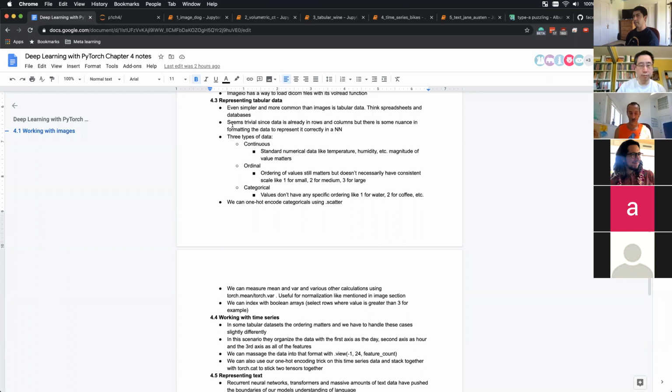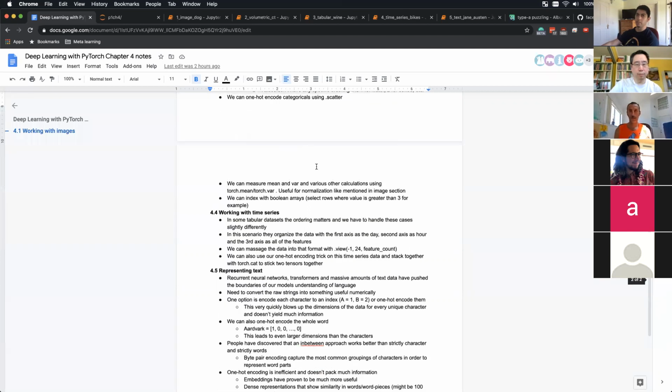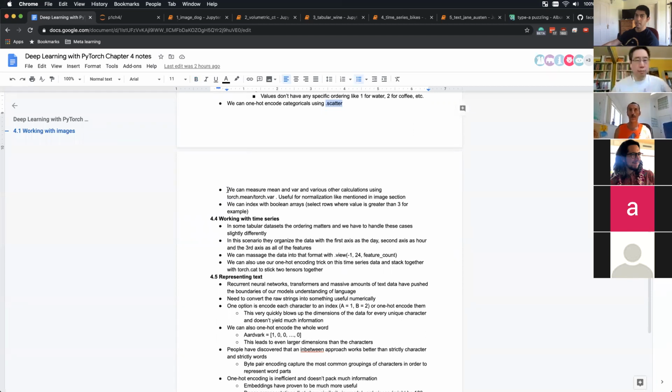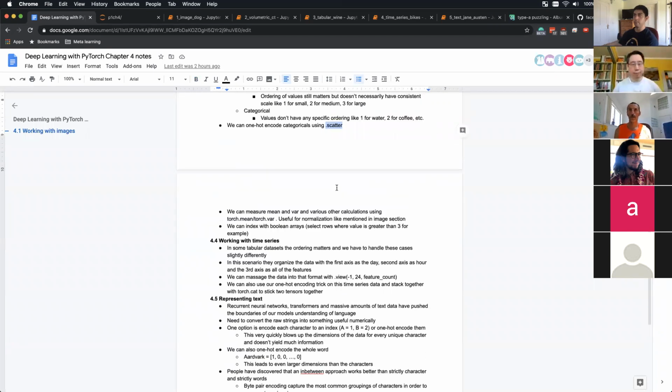That's not a continuous scale, and you don't want to be showing that representation. So you have to separate it out in some way. The way they described it is using one hot encoding, and the way they showed to do it is using the dot scatter. That's basically just expanding it out to a one hot encoding.